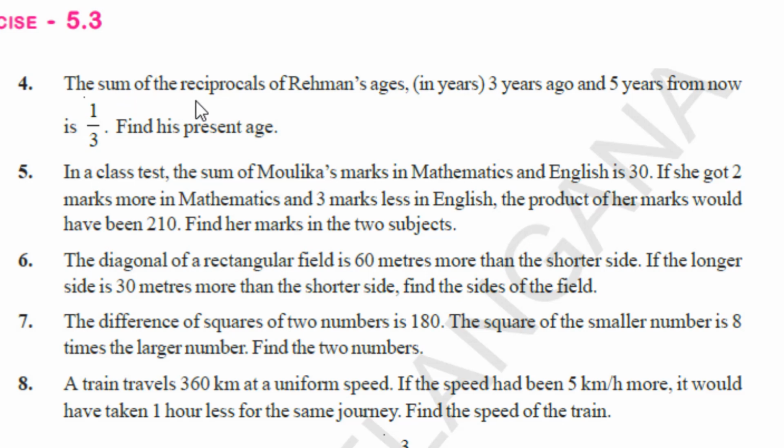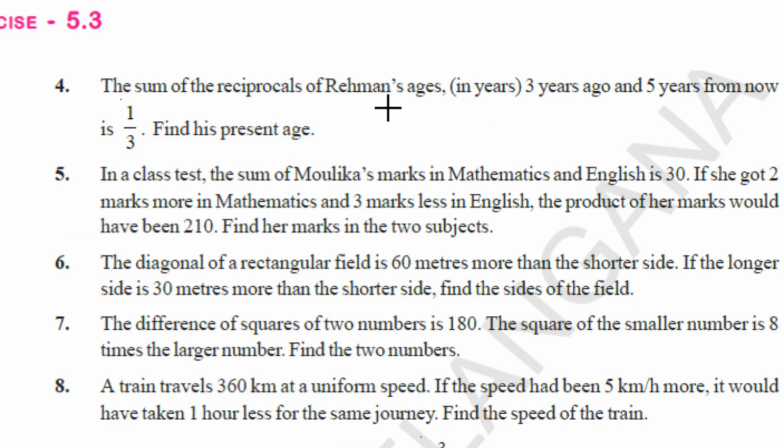The sum of the reciprocals of Rehman's ages 3 years ago and 5 years from now is 1 by 3. So what is this 1 by 3? It is the sum of the reciprocals of the ages of Rehman. So what ages are we taking here?